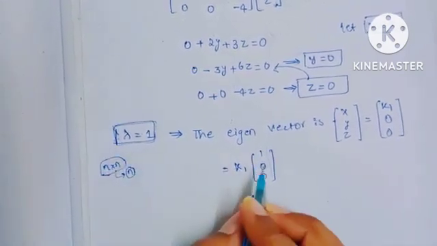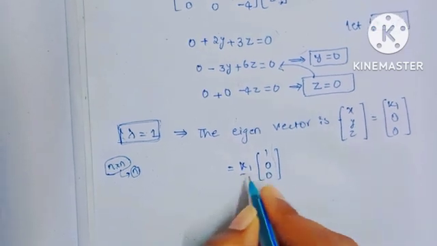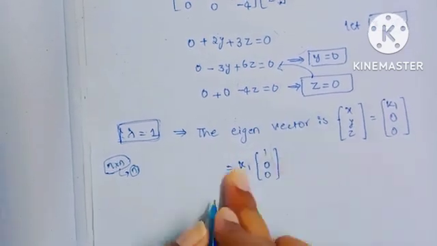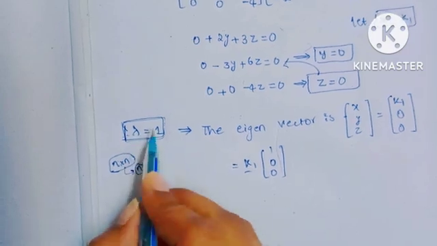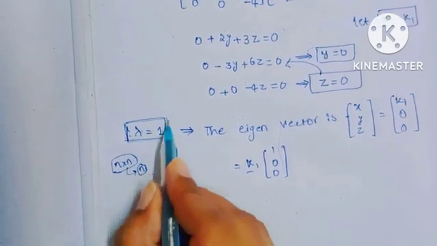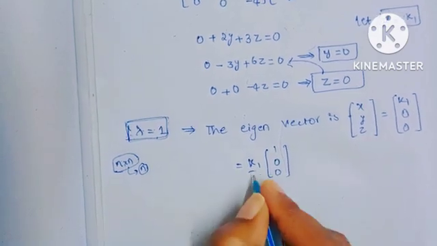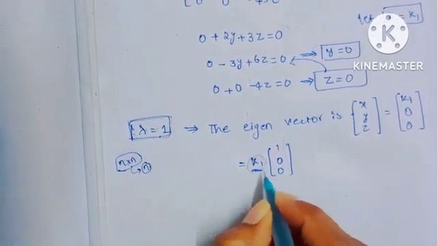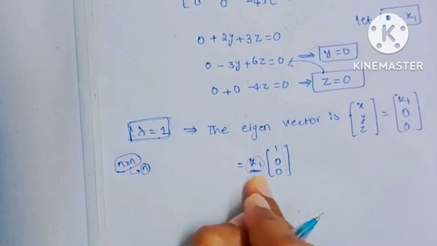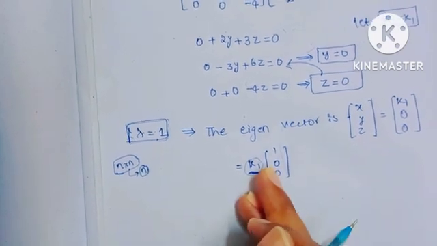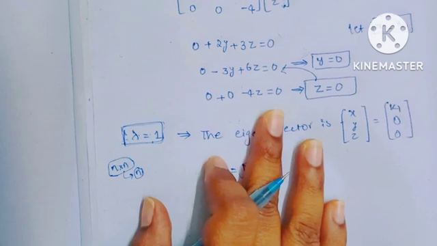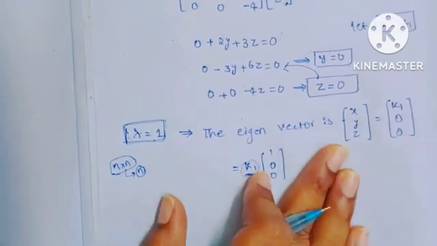So I am taking k1. Here k1 can be 1, 2, 3, any value. So for the eigenvalue lambda equal to 1, there are an infinite number of eigenvectors, which depend on this k1 value. So we can write like this also. This is the correct procedure to find the eigenvectors for a given eigenvalue.